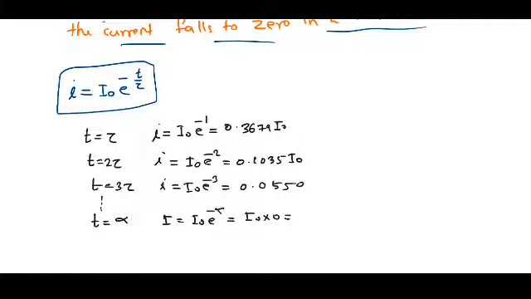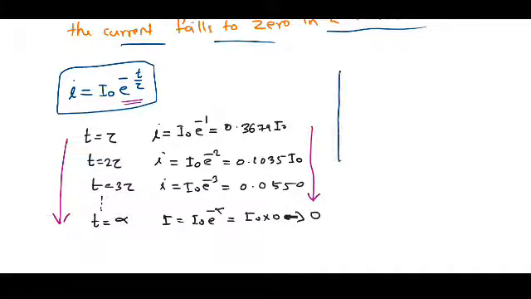This value goes to 0. That is, as the time increases, the current value decreases. Therefore, this is a decaying graph, because the exponential e power minus x gives negative decay.